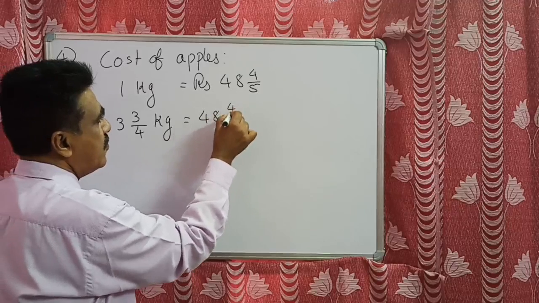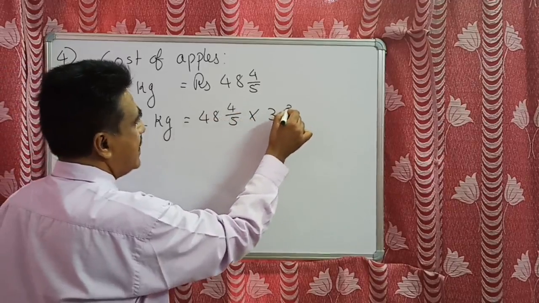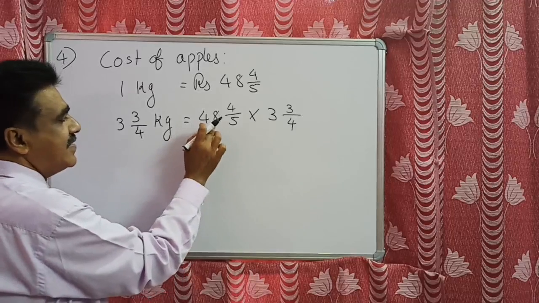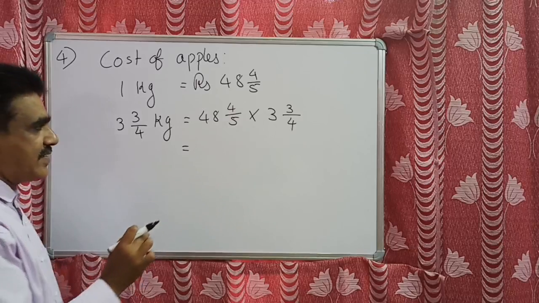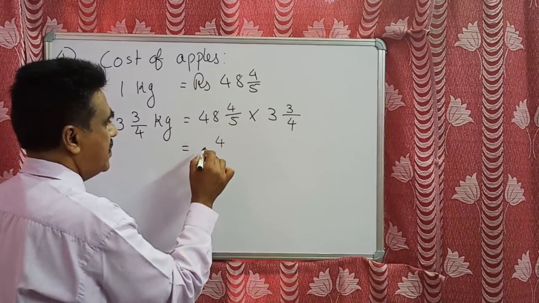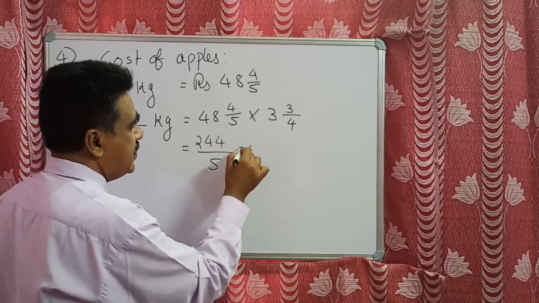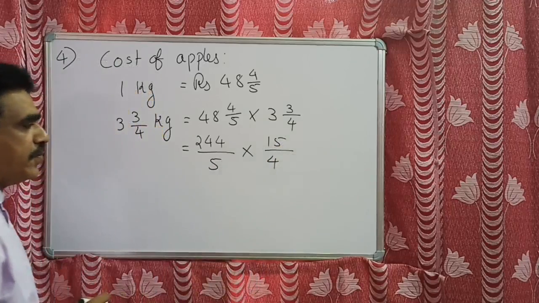48 4/5 into 3/4. First we will change this mixed fraction into an improper fraction. 244/5 into 15/4.